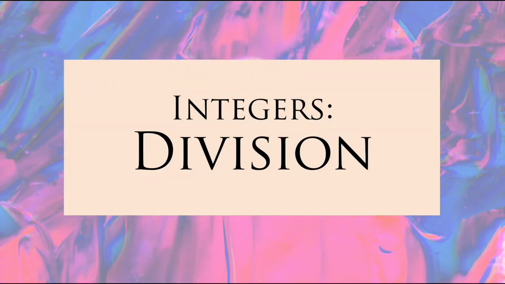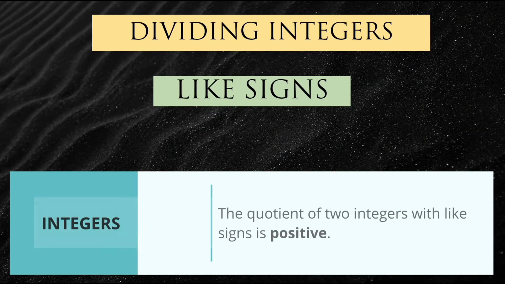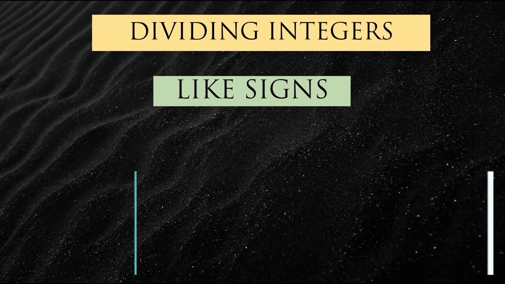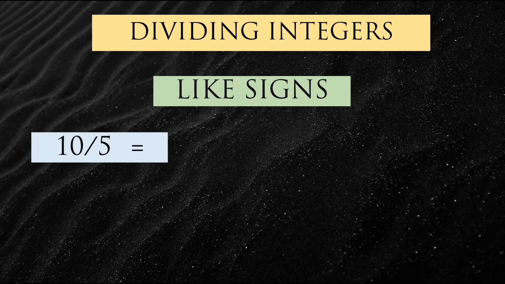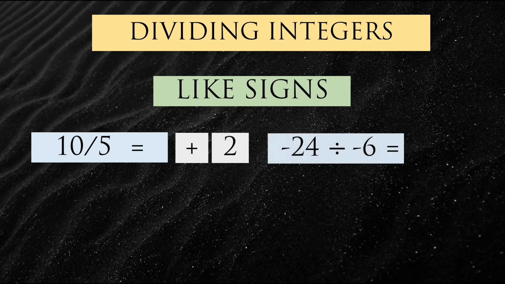Now, let's go to division. For the like signs, positive divided by positive is positive for the quotient. Let's have an example. Positive 10 divided by positive 5 is positive 2. Again, you don't have to write the sign. Next, we have negative 24 divided by negative 6. Negative divided by negative is positive, so the answer is positive 4.